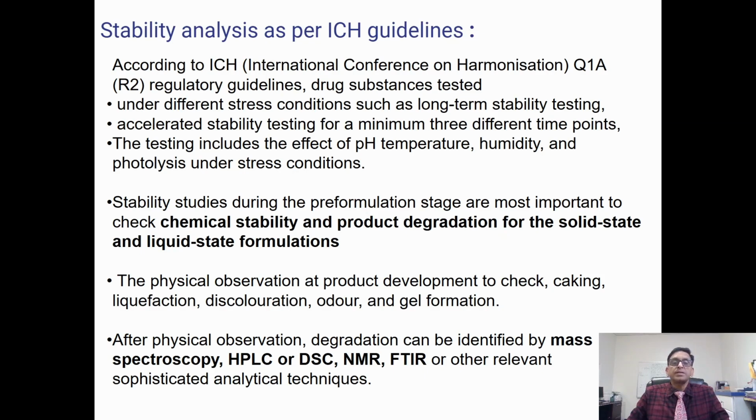The testing should include the effect of pH, temperature, humidity, and photolysis, and how the drug is going to behave under stress conditions. So that is considered to be a stability analysis.